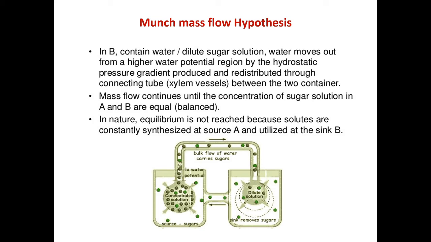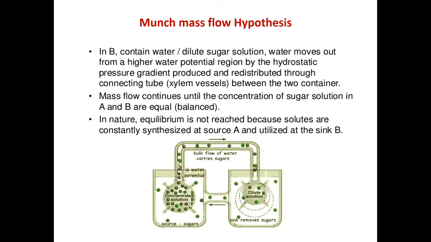So inside the osmometer A, the free water molecules are very less when compared to the water container outside. So what happens here? The water molecules move from higher water potential to lower water potential.